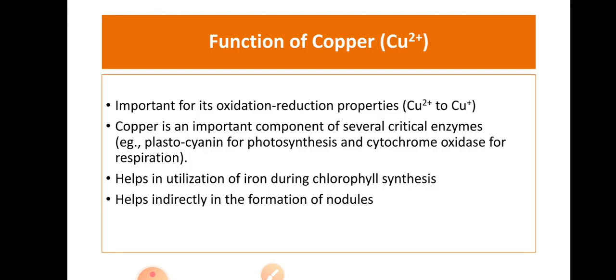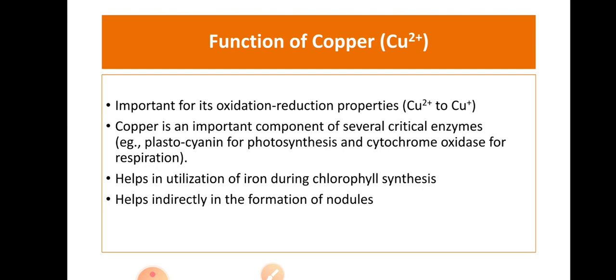The next is copper. Copper is important for its oxidation reduction properties as iron. Copper is an important component of several critical enzymes. For example, plastocyanin that is important for photosynthesis, cytochrome oxidase that helps in respiration. Copper helps in utilization of iron during chlorophyll synthesis.